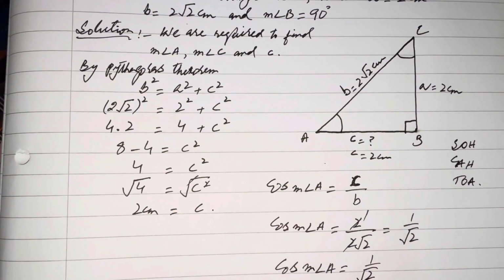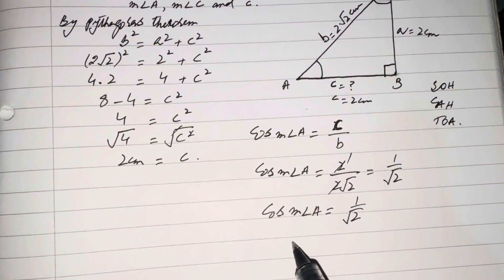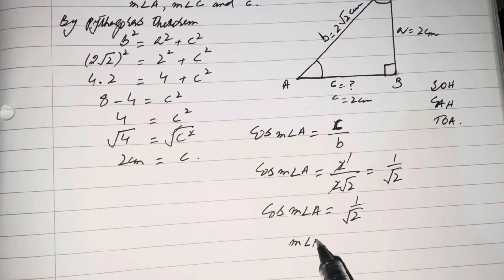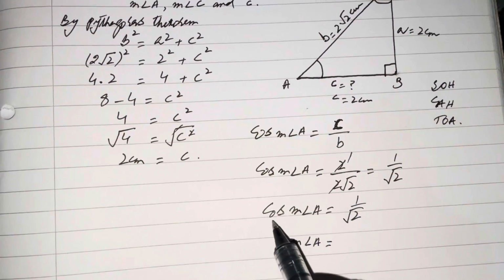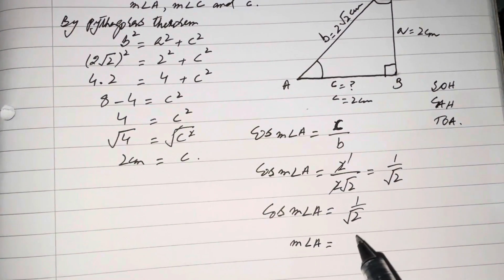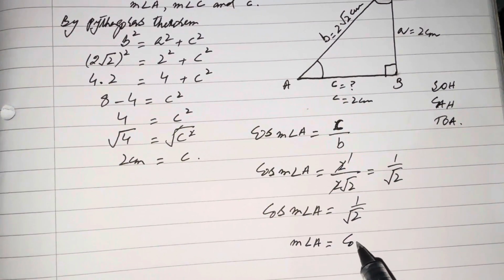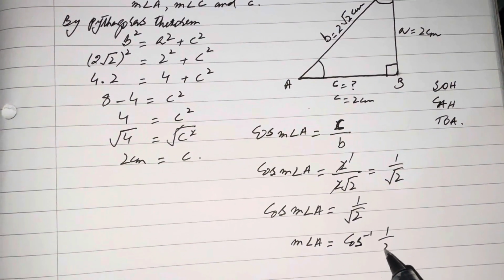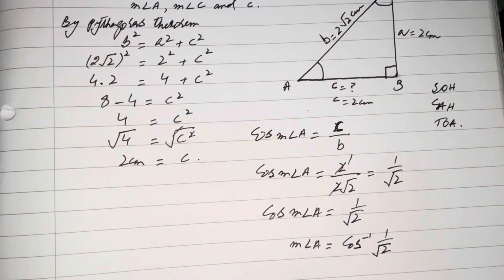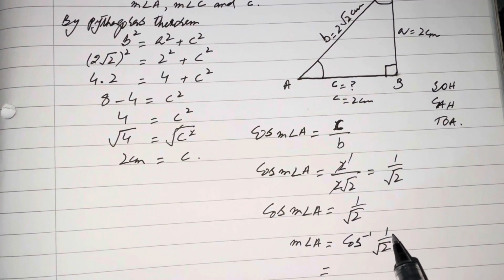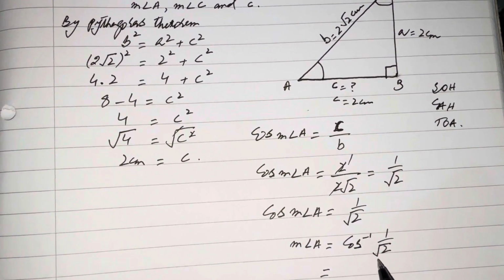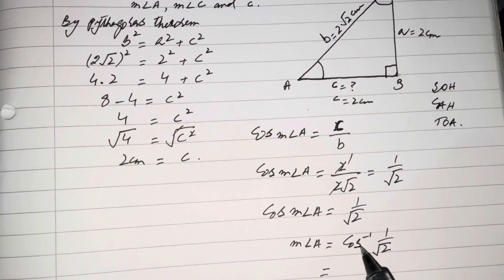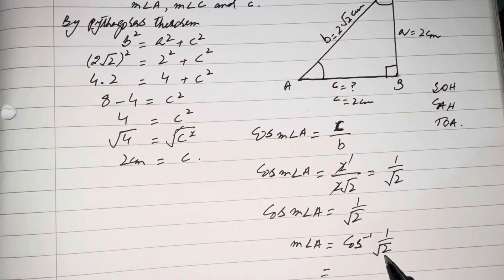And now we have to find the value of measure of angle A. So that can be written as measure of angle A is equal to, if you take the cos from this side to the other side, cos inverse of 1 over under root 2. So cos inverse of 1 over under root 2 means on which angle the value of the cos is 1 over under root 2.